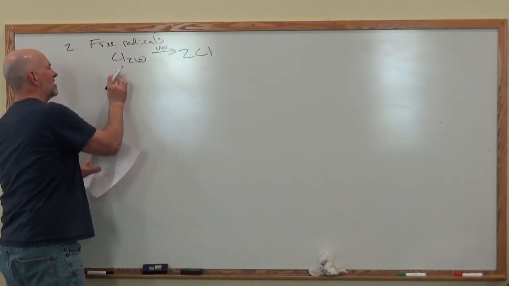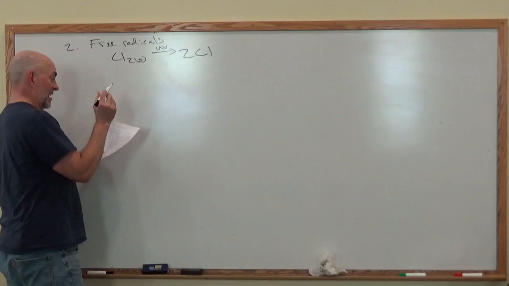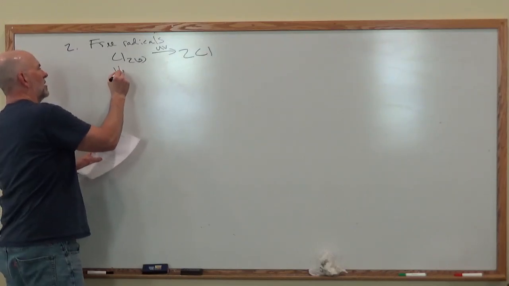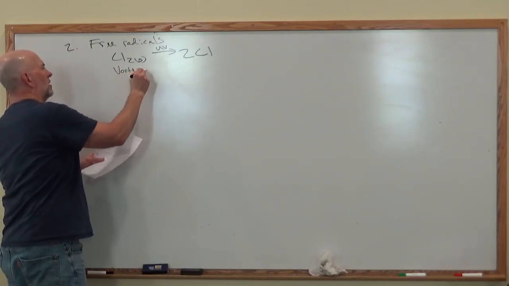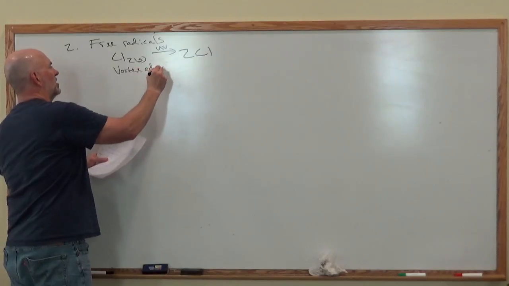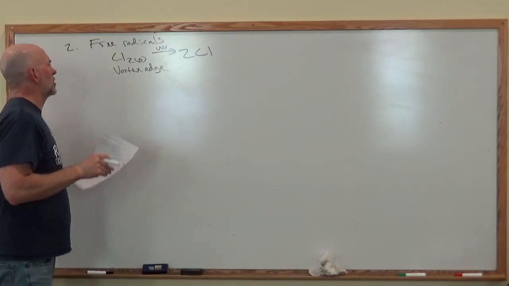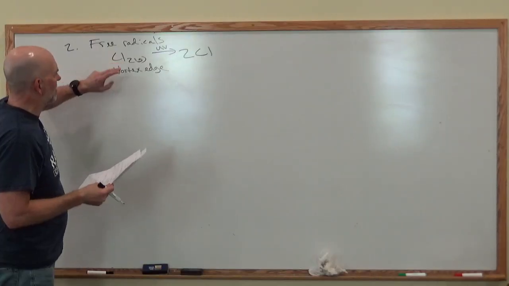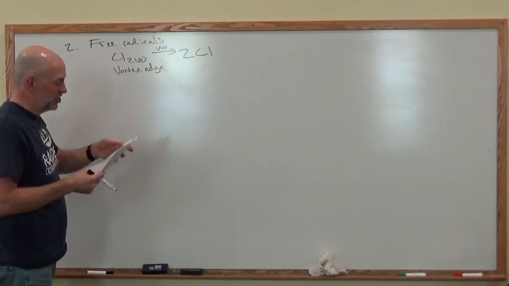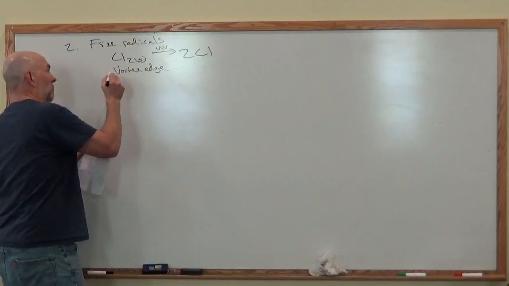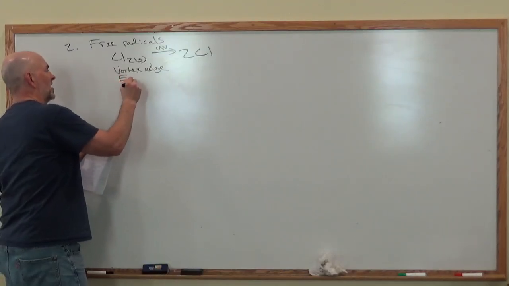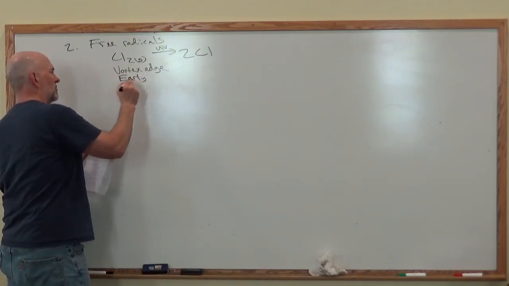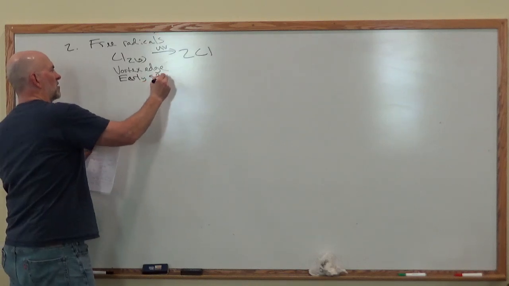And where does this specifically happen? This is kind of cool, I didn't know this. During the spring, during the polar vortex, chlorine gas accumulates at the very edge of the vortex. And this is in early spring.